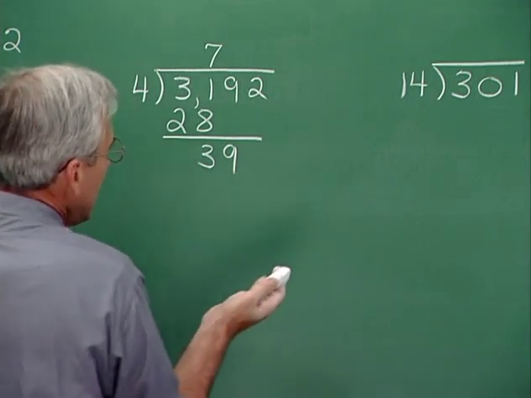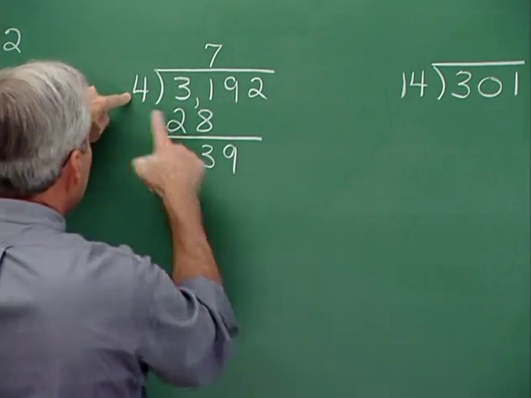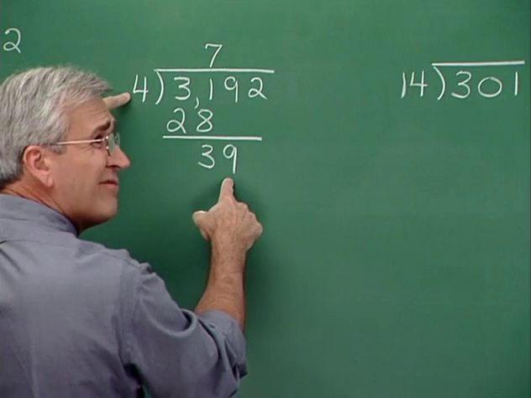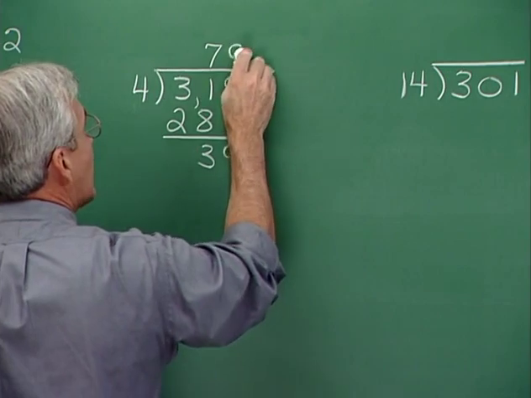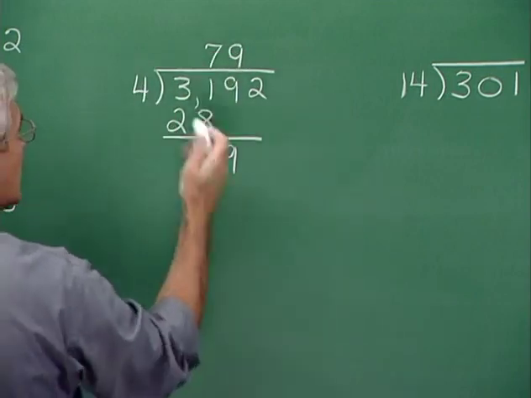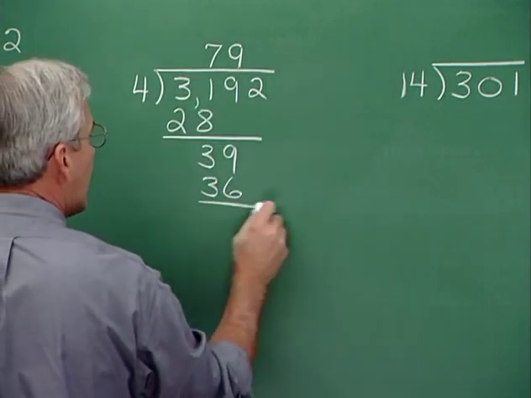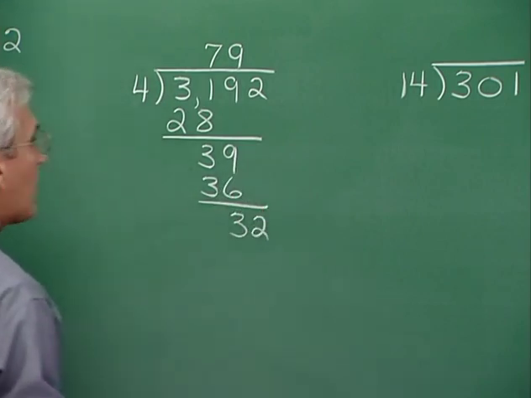But I can kind of reason like this. If this were 40, then 4 into 40 would go 10. So it doesn't go 10 times. Let's try 9. That's a way to reason through on this particular problem. 9 times 4 is 36. And then draw the line and subtract to get 3, bring down the next digit, and away we go again.